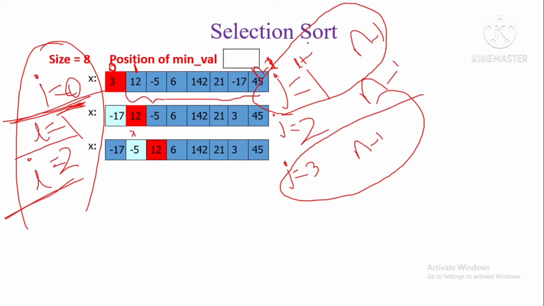If the I value is 0, then I will start my inner iteration from 1. If I is equal to 1, I will start my inner iteration from 2. If it is 2, I will start from 3. So I can generally write like this: I have to run the inner loop starting from I plus 1 up to n minus 1.